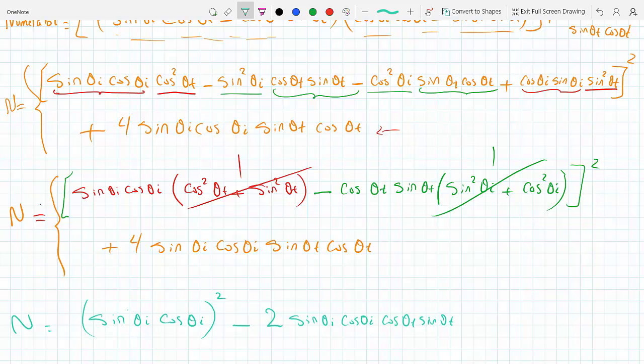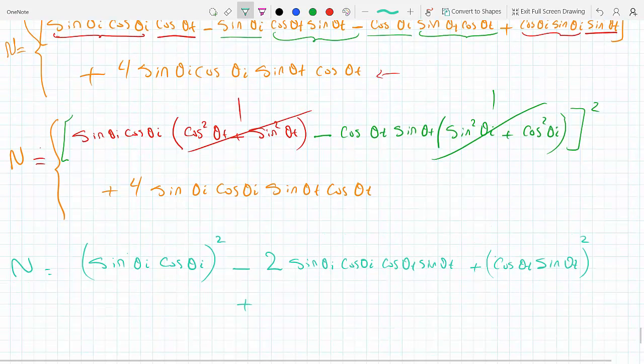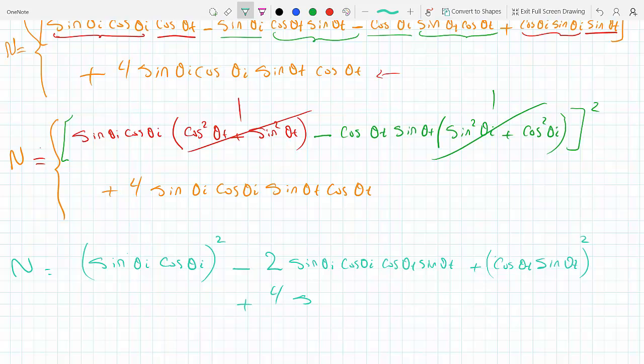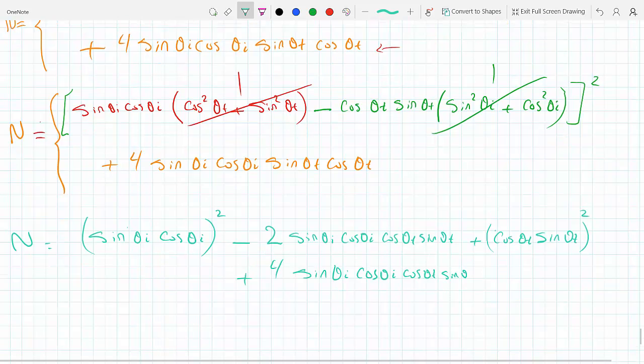So 2 times the first times the second plus the second squared, cosine theta t sine theta t squared, and notice I have here plus 4 sine theta I, the last term, cosine theta I cosine theta t sine theta t, which is the same.